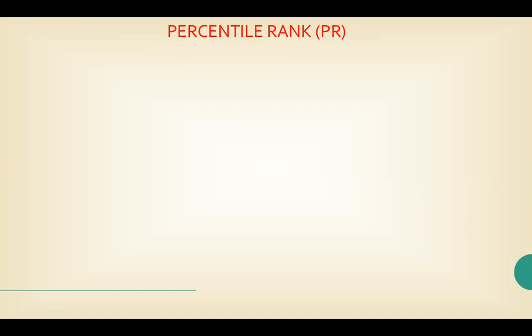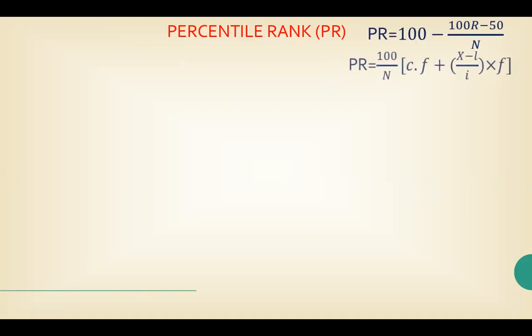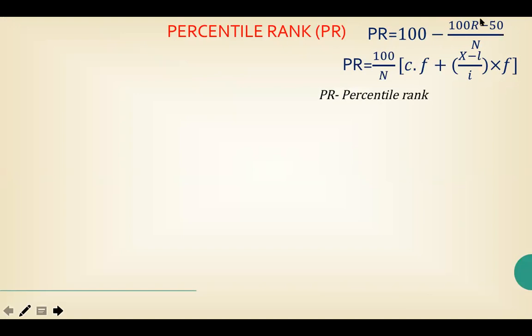Now how to calculate the percentile rank? We have two formulas. For ungrouped data it will be one, and for grouped data it will be another. Here PR is the percentile rank, obviously, and R is the rank of that particular score for which we have to calculate the percentile in that group. N is the number of observations, or the number of frequencies.